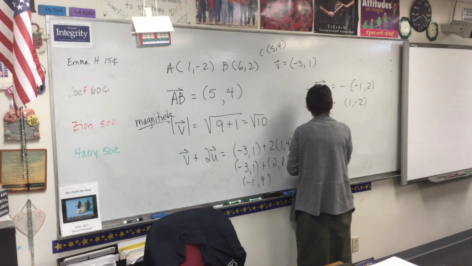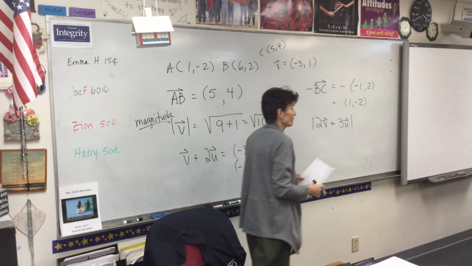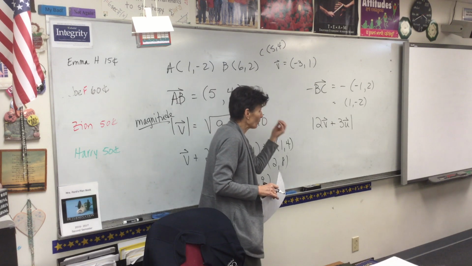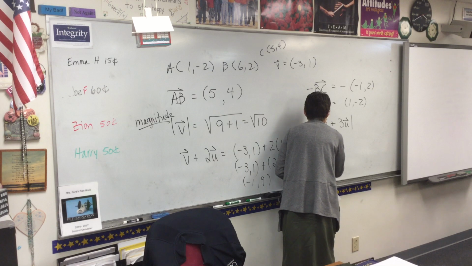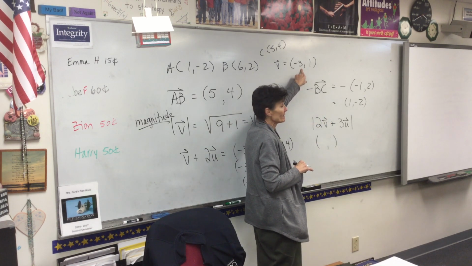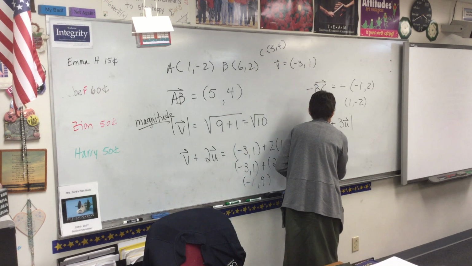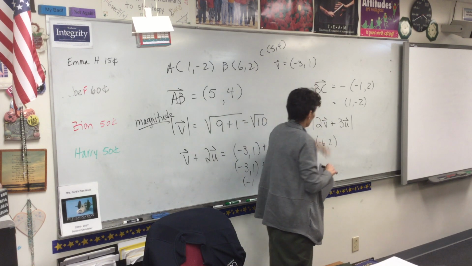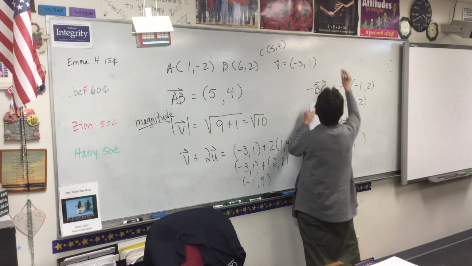All right, and then we have 5. Now, what are we going to have to do first here? Figure out what's in there. So, let's do 2v. What's 2v? 2v would be -6, 2. Now, what would 3u be?